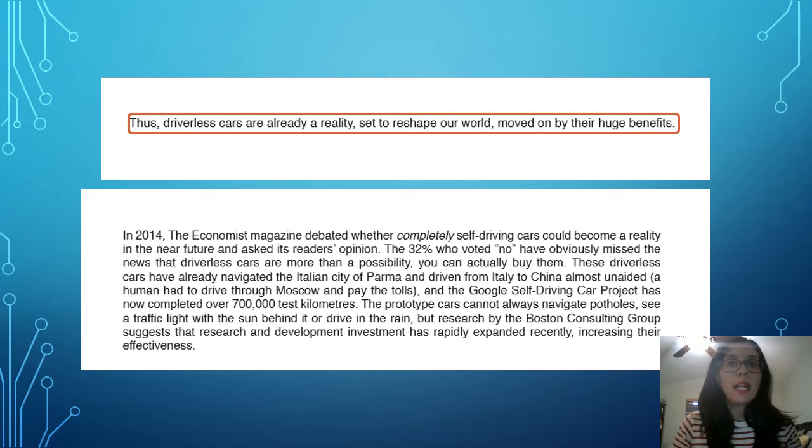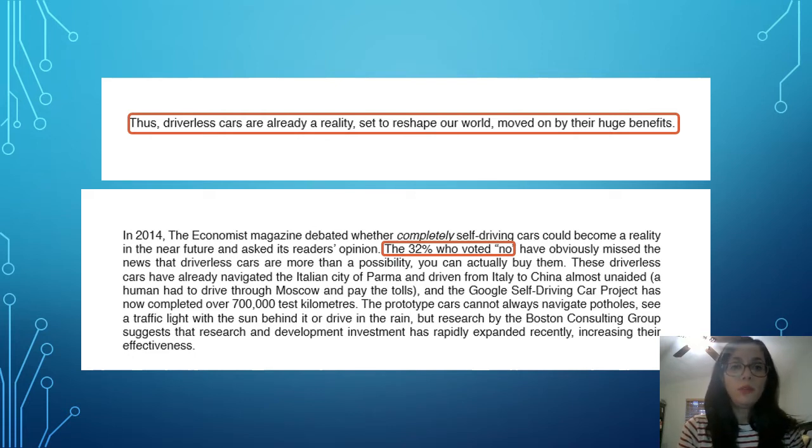Okay, so knowing that, when I look for the counter, I'm going to look for anything that says no. Driverless cars are not a reality and they don't have benefits. So I look through it, and in this paragraph, it says that in an Economist magazine about whether or not self-driving cars will be in the near future, 32% of people said no, they're not. That's the counter. A sizable portion of the population believe that driverless cars are not a reality.